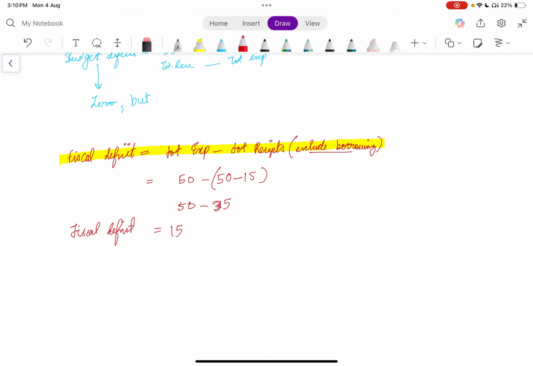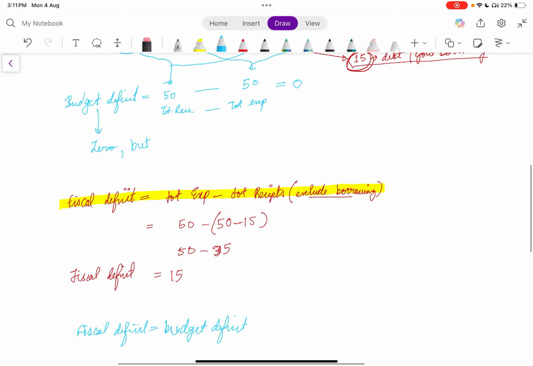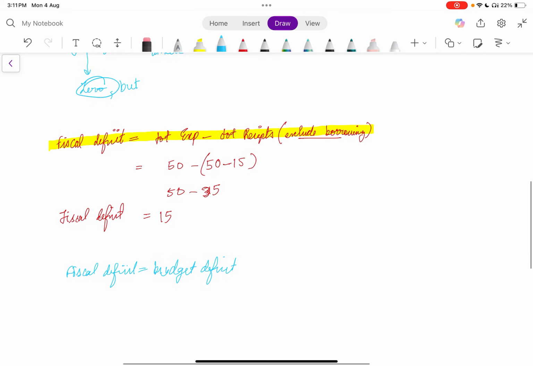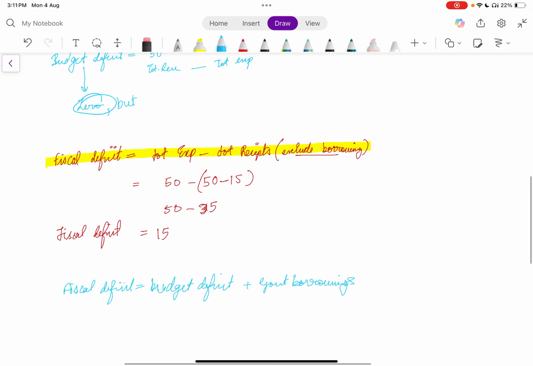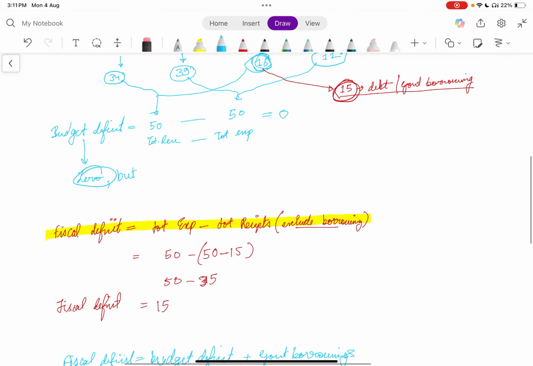But if you see the Tamil Nadu Board NCERT, there it says fiscal deficit is equal to budget deficit, budget deficit was 0, plus government borrowings. How much was the government borrowing?